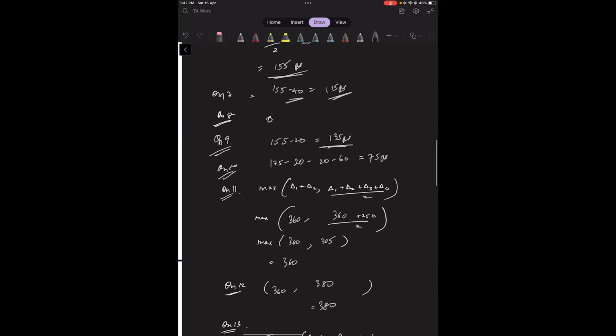So if you look at the circuit there, you had two loops. So basically you need to make sure that both of those loops are not violated when you choose a particular T clock, right? So that's why we say max, and we look at what could be the first loop's T clock if that were the max, and the second loop's T clock if that were the max.